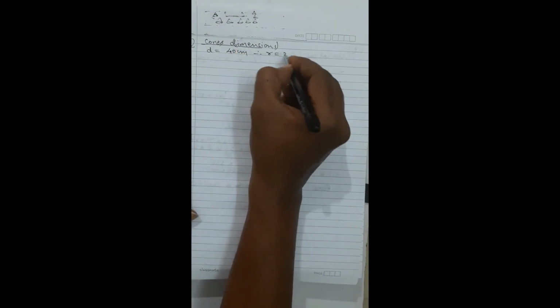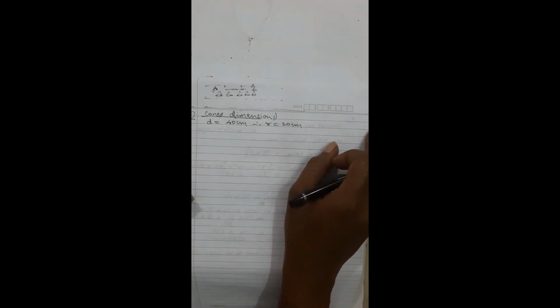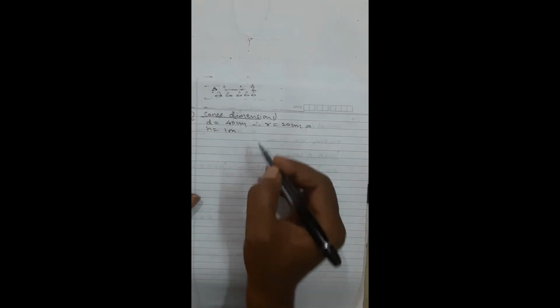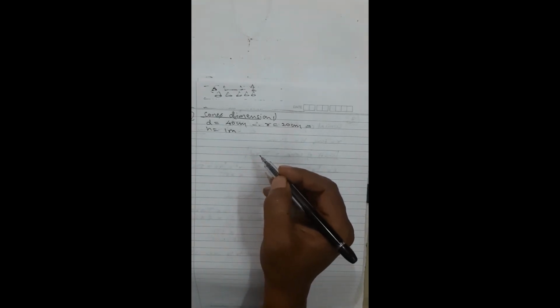Therefore R is equal to 20 centimeter. 40 upon 2 will give you 20 centimeter will be the R, and height is equal to 1 meter. For 20 centimeter you will have to again convert it to meter. If the outer side of each cone is to be painted and cost of painting is 12 per meter square.